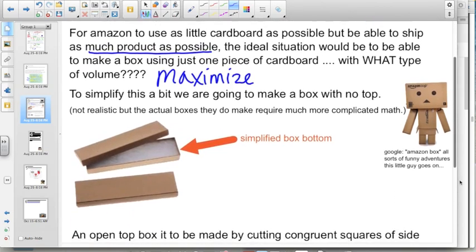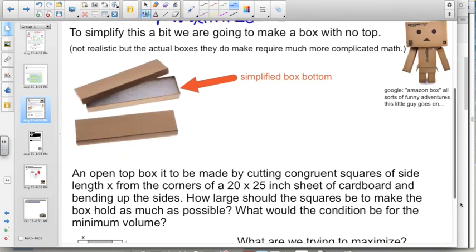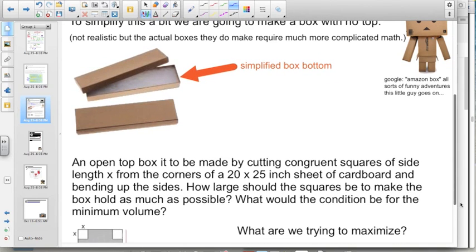So we're going to simplify this just a little bit, and we're going to make a Christmas box. You've ever seen the boxes you put sweaters and shirts in, right? They've got a bottom and a top, and they're separate, right? And the bottom is literally just a flat piece of cardboard that's bent up like that and taped on the corners. We're going to make that kind of box.